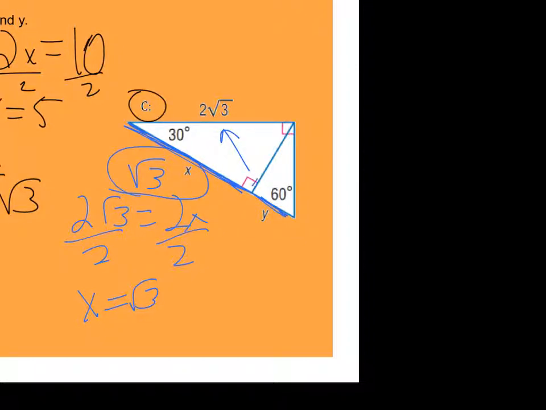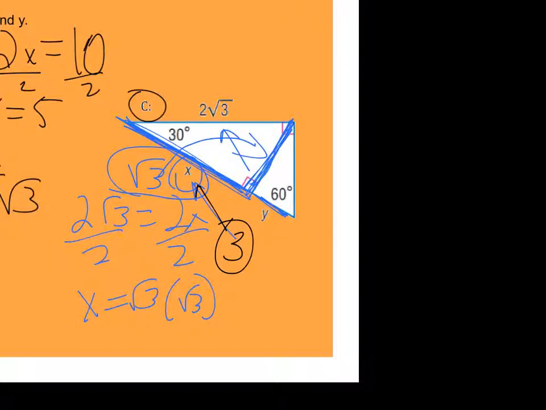Now to figure out this one, I've got to figure out my middle side. This should be my short side, so this should be square root of 3. My middle side is what happens when I multiply it times square root of 3. So square root of 3 times square root of 3 is just 3. So x is going to be 3. So that makes this side square root of 3.